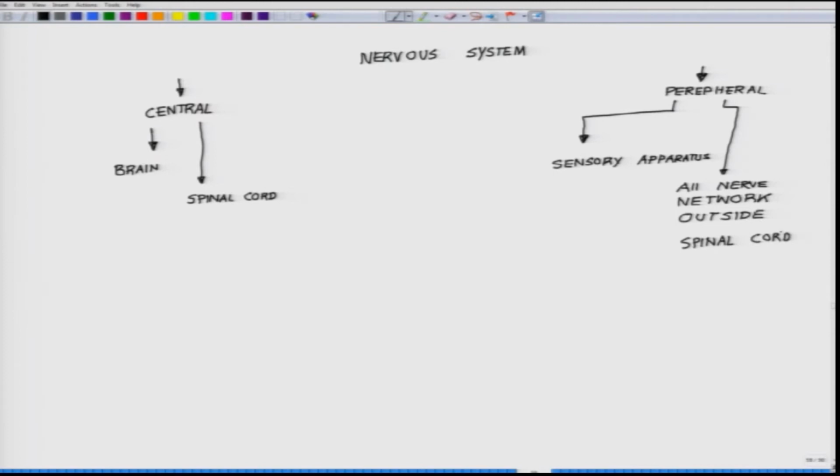so the way it looks like is this. If your brain is like this, and this is your spinal cord. Okay? The one which I have drawn in red. This constitutes your central nervous system.